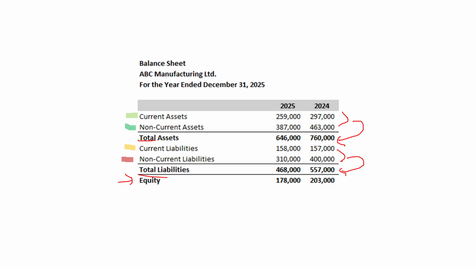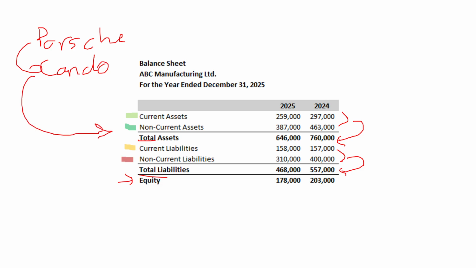Those accounts might be different from company to company. They might be called different things sometimes, but all it's doing is telling you what specifically that current asset is. For example, in the personal net worth statement, we had a Porsche, and then we had a condo. So those are the specific accounts in the non-current assets. So it's just going to list them out, okay?